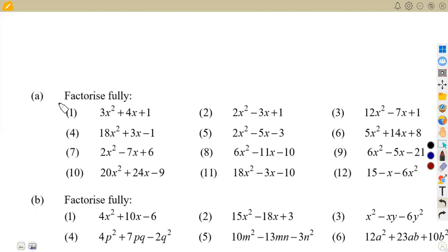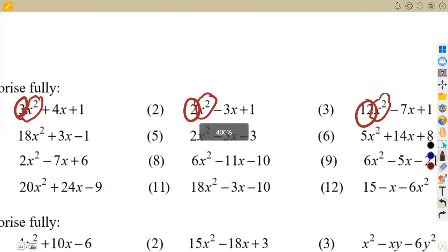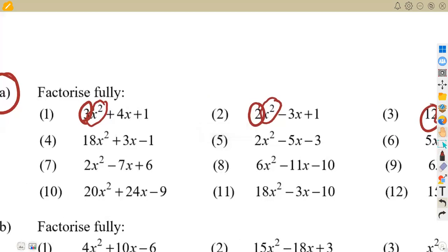In the questions we are going to work on in this class, you're going to see that the coefficient of x squared, the number that is multiplying x squared, is no longer a 1. There's a 12, a 3, a 2, whatever you have there.